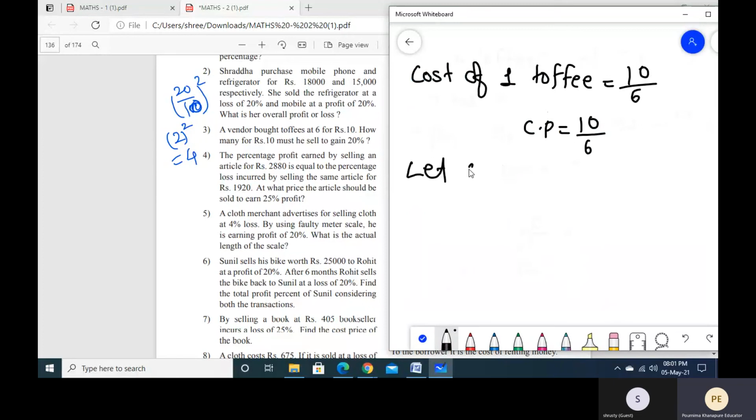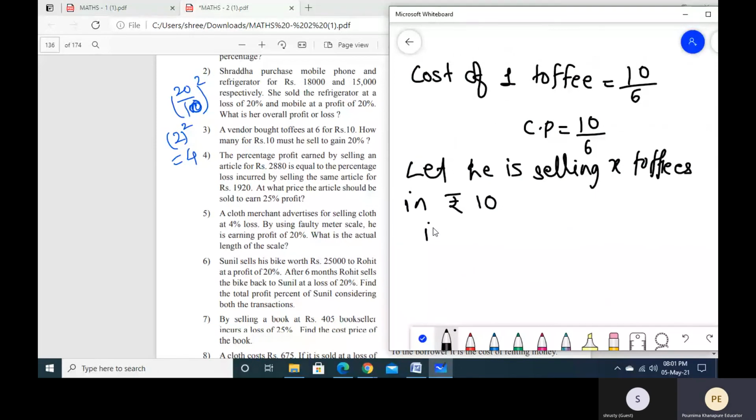So let him be selling some X toffees in rupees 10. Only in 10 rupees he wants to sell, but not all the 6. He wants to sell some less number of toffees so as to get the 20% profit.